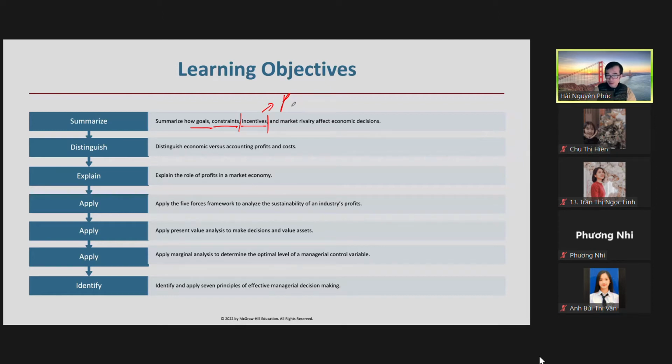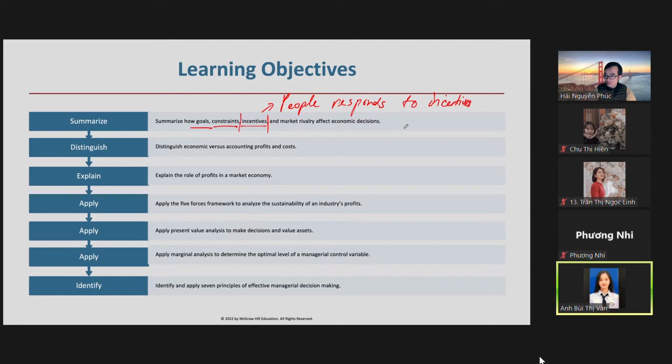It states that people respond to incentive. Do you know this one? No? No. All right. Let me try to explain.